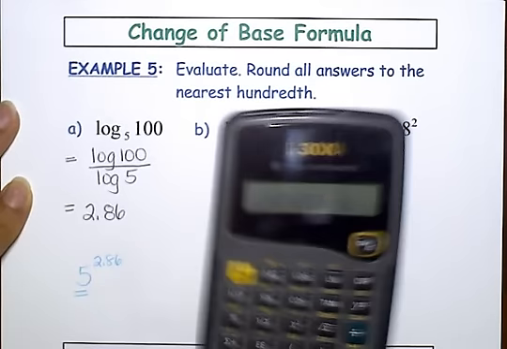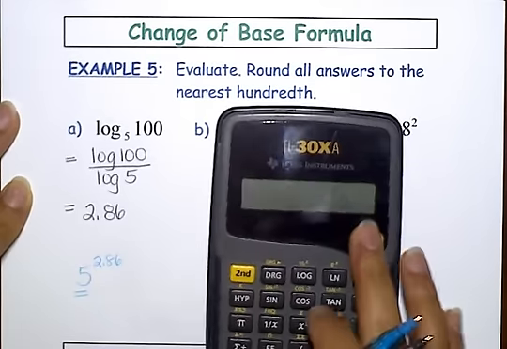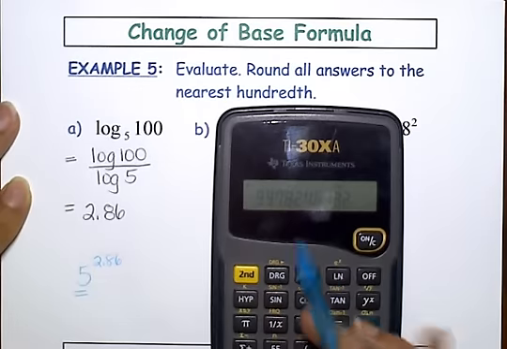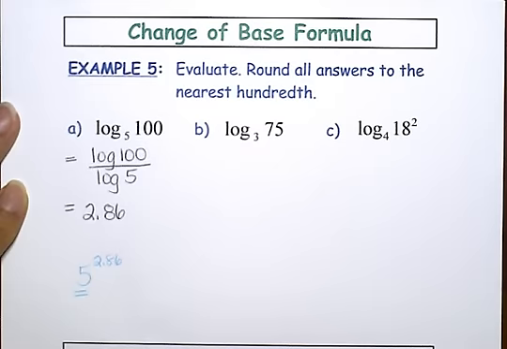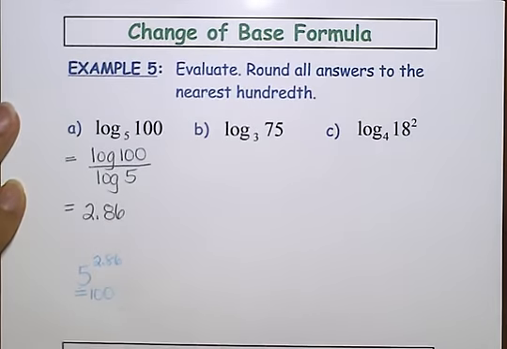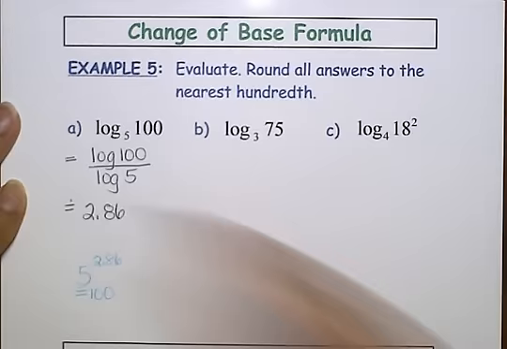And if I check that on the calculator, I should get a rough estimate of 100. So 5 to the exponent 2.86, and I get about 99.78, which is about 100. Okay, so it's not exactly 100 because we rounded off our answer in the first place. So this is approximately 2.86 as my answer.